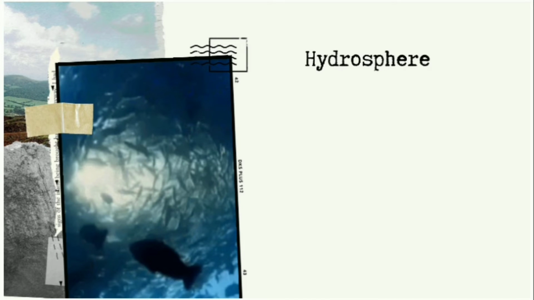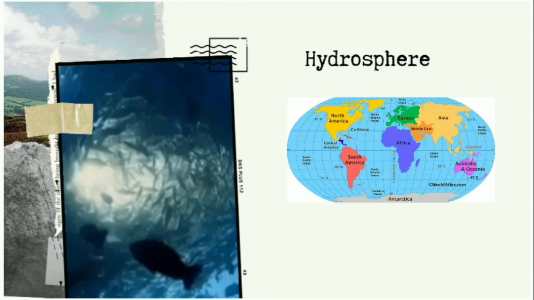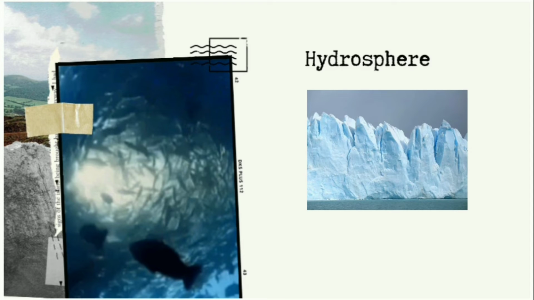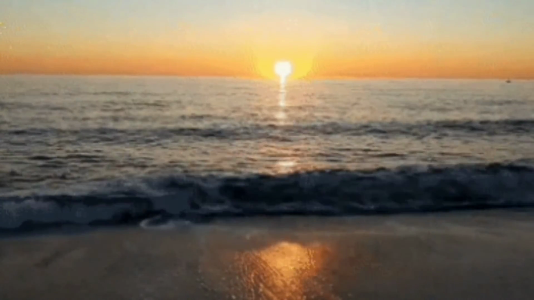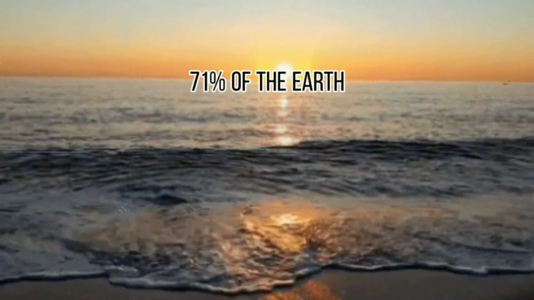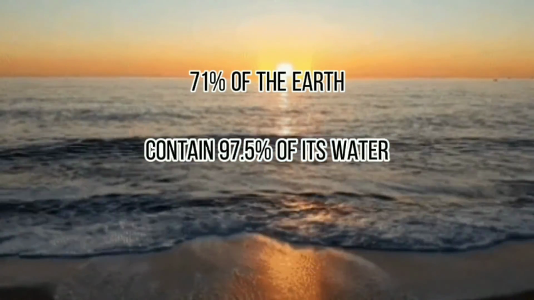Hydrosphere, the water part of the Earth which circulates among oceans, continents, glaciers, and atmosphere. Oceans cover 71% of the Earth and contain 97.5% of its water.